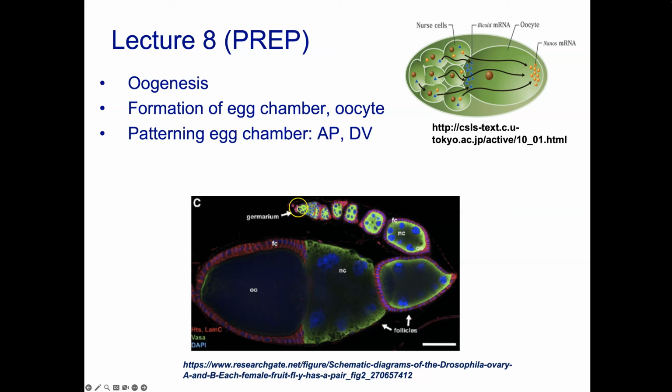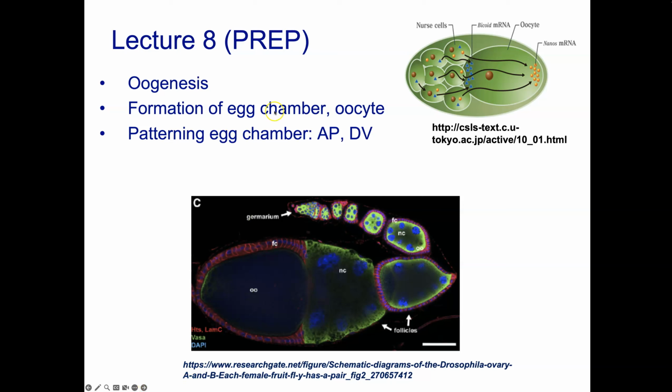You can see the very earliest stages, and then later and later stages. Multiple eggs are being produced over time. And you can just look at one of these ovarioles and see how the process develops. So we're going to look at that first.